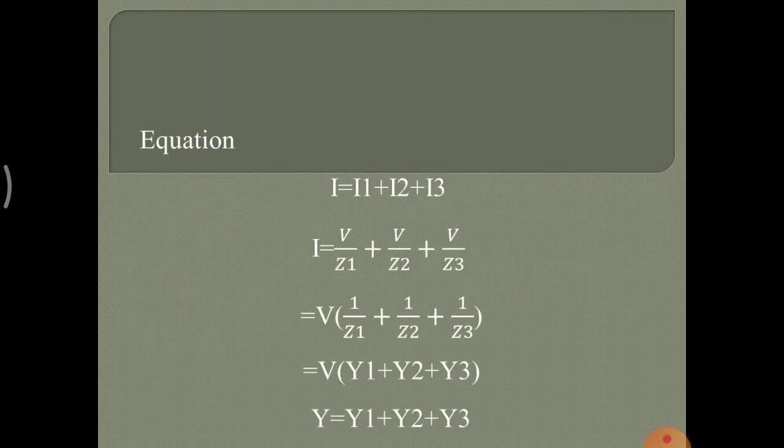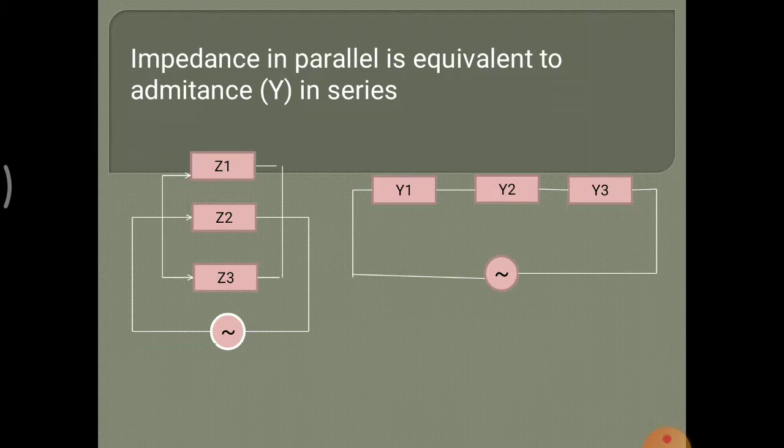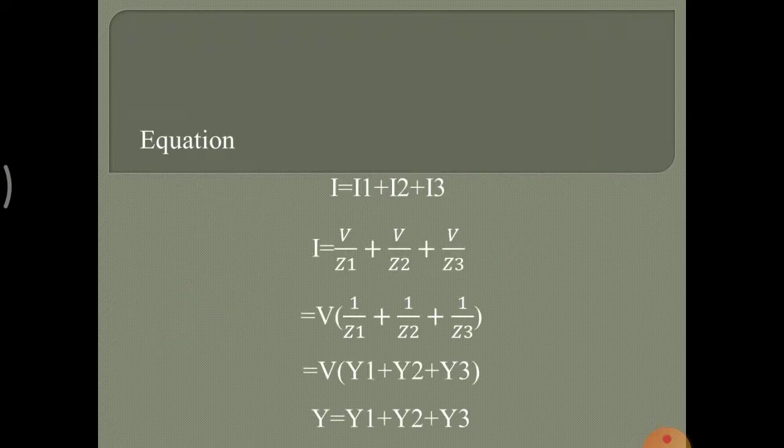Next, the equation according to that circuit diagram. In the first circuit diagram you can see Z1, Z2, Z3. The currents flowing through Z1, Z2, Z3 are I1, I2 and I3. So the total current I is equal to I1 plus I2 plus I3.